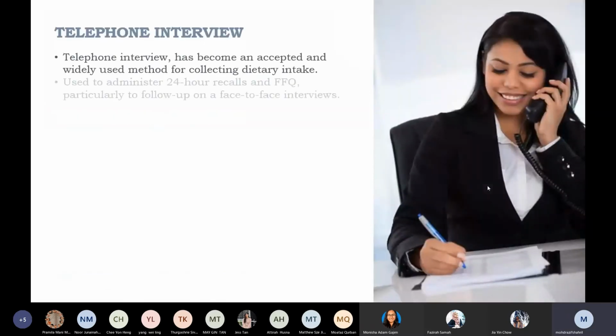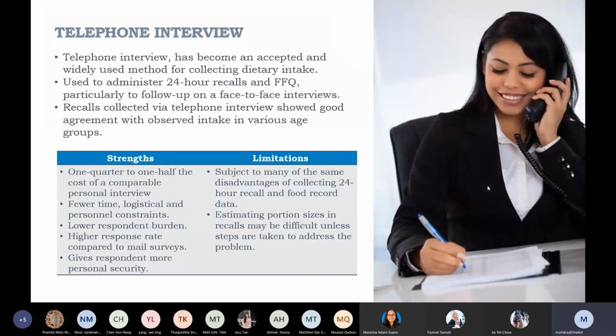So the first mode is telephone interview, which is becoming an accepted and widely used method for collecting dietary intake data. It is used to administer 24-hour recalls and also FFQ, particularly to follow up on a face-to-face interview. For example, if you have 7 days of 24-hour diet recall, maybe 5 days can be conducted through telephone interview.